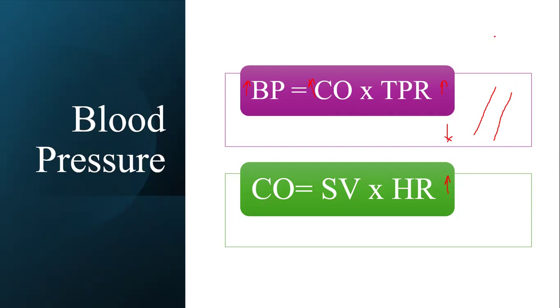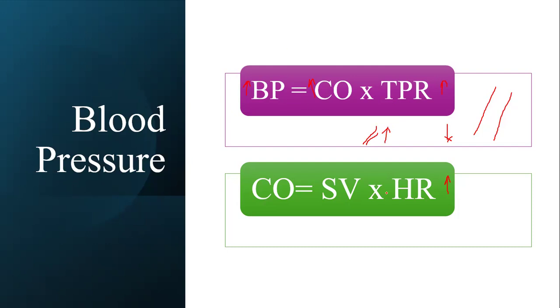If the diameter is less, like this vessel is narrowed, the diameter is going to be short and resistance is going to be high. So whenever there is high resistance, there will be high blood pressure.